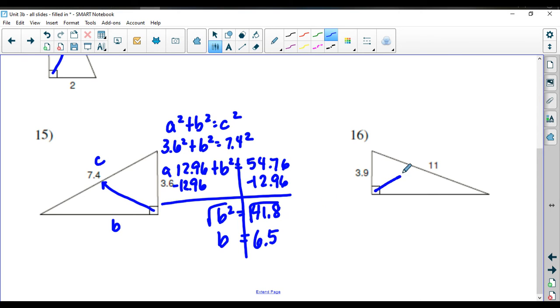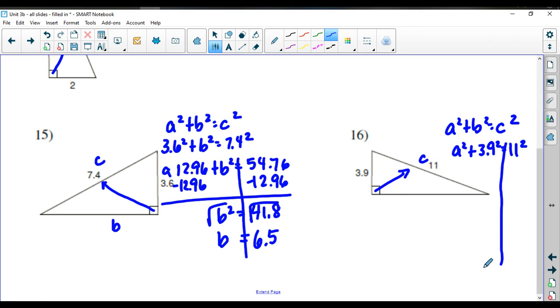In number 16, this is c, a, b. So I'll swap this out. I'll do this one as a squared this time. So I have a squared plus b squared equals c squared. So we'll say a squared plus 3.9 squared equals 11 squared. 3.9, and there is a squared button on your calculator. It is right next to the square root.